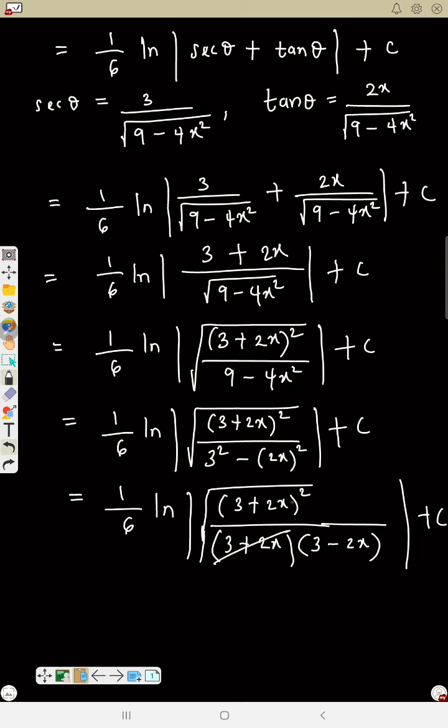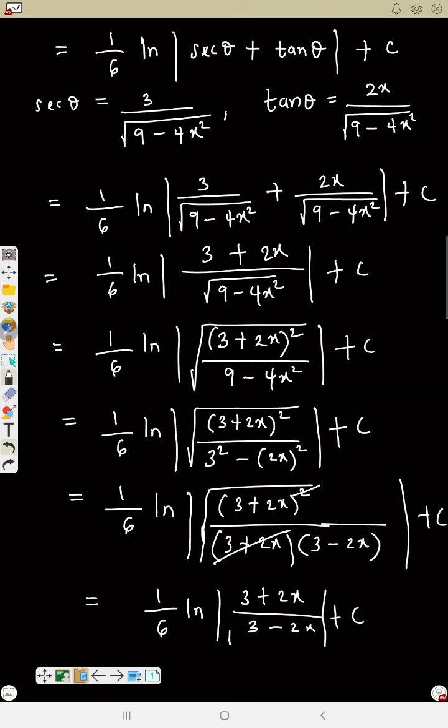So now 3 plus 2s will cancel out. It will remain 1 over 6 ln (3 plus 2s) divided by (3 minus 2s) plus c.